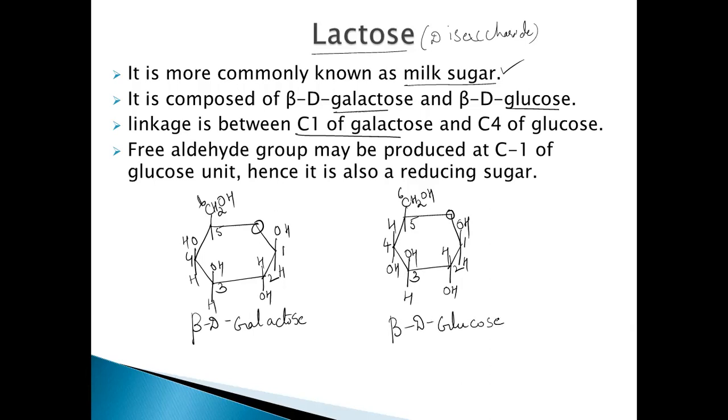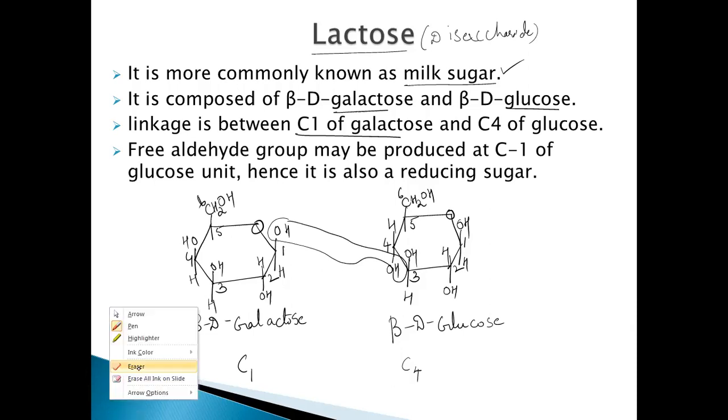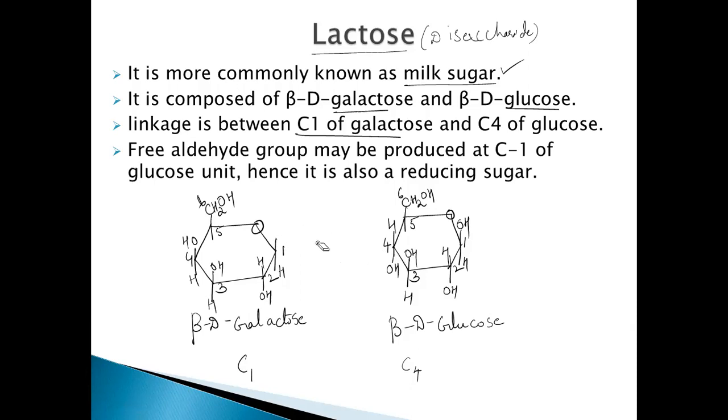Where is the linkage being formed? C1 of this and C4 of glucose. So C1 atom and C4 atom. This is how the water molecule is lost, so I can link these two carbon atoms, that is C1 of this one and C4 of this one. So you can erase this and link it.